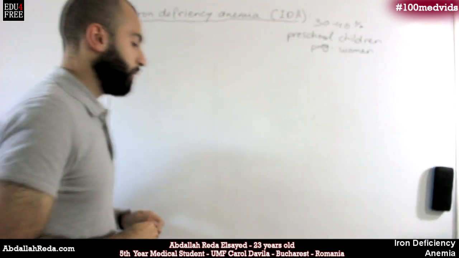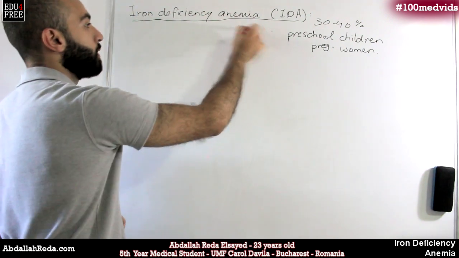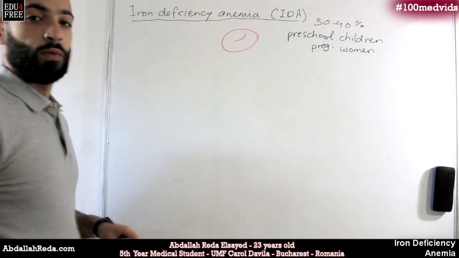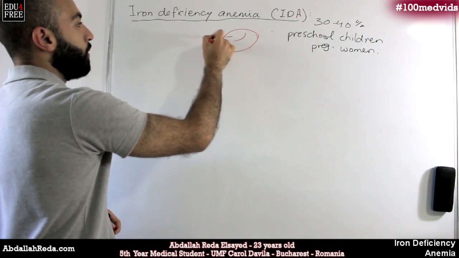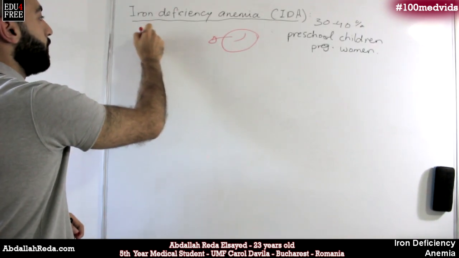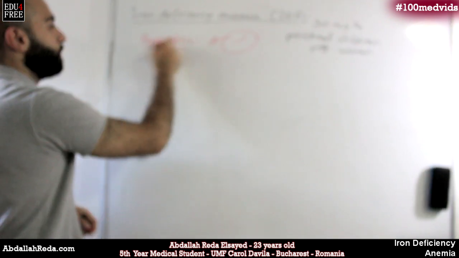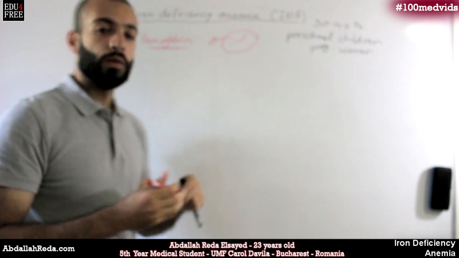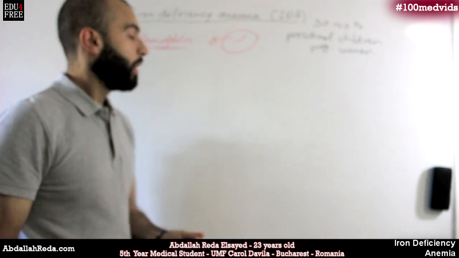So why is that? First of all, in the red blood cells in our bodies, the erythrocytes, we have hemoglobin. This hemoglobin is the thing that gives the red blood cells their red color.